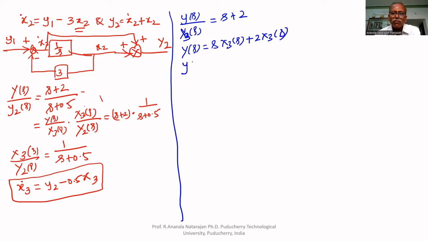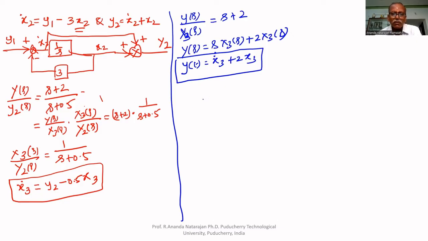That is y of t equal to x3 dot plus 2 x3. This is another equation. If you combine these two together, you will get the third equation.